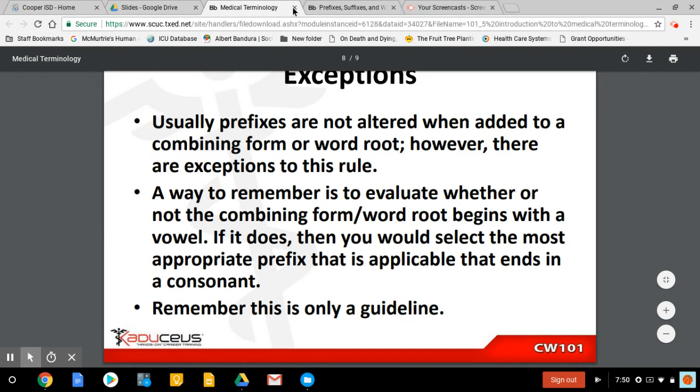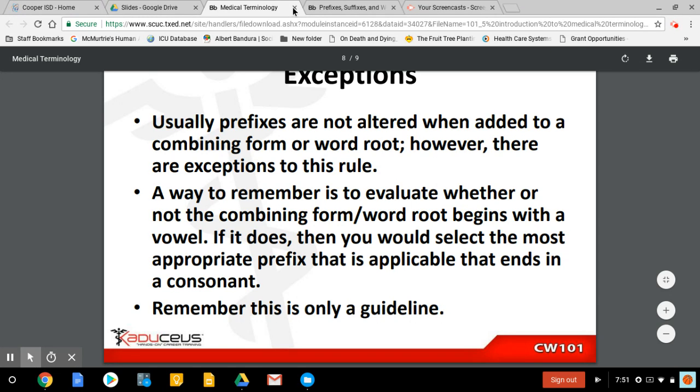Our expectation is usually that prefixes are not altered when they're added to a combining form or root word. However, there are some exceptions to the rules, and we need to know those. The way to remember is to evaluate the combining form, how it's being used, and what vowel is being used with that combining form. Is it an O? Is it an E? Is there a combining form at all?